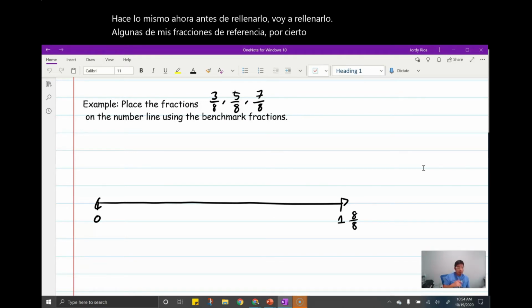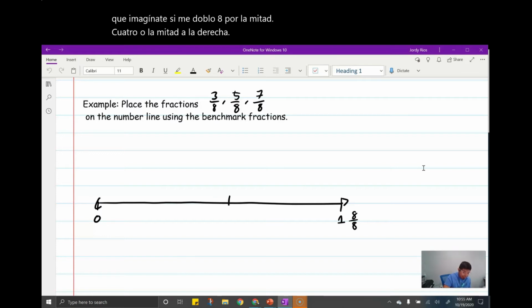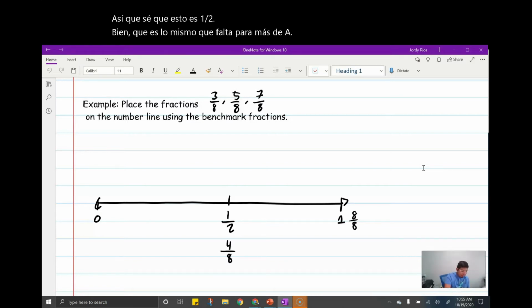So imagine if I fold 8 in half, what would I get? 4 or a half, right? Okay, so I know this is a half, which is the same thing as saying 4/8. Then I know that this has to be 1/4, it's half of that, okay?